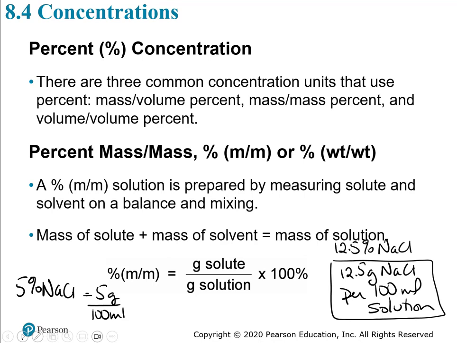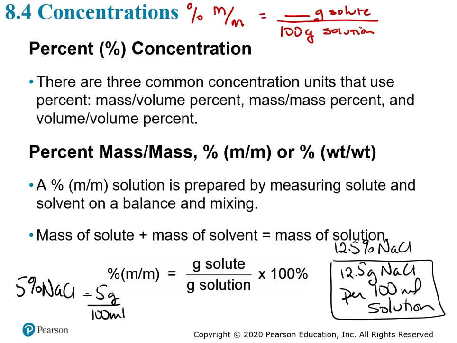Or is it grams of solute per volume of solution? And so the words that they use in percent is if they say M to M, that's mass to mass. So if you have a percent M to M, that means that it would be grams of solute divided by 100 grams of the solution. So that would be like adding solvent and solute together.